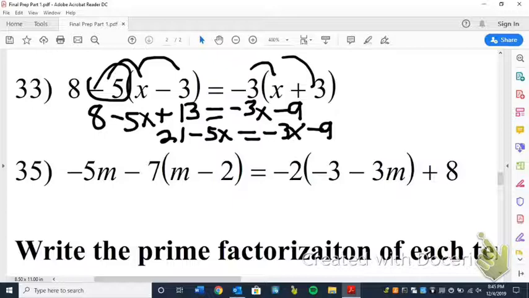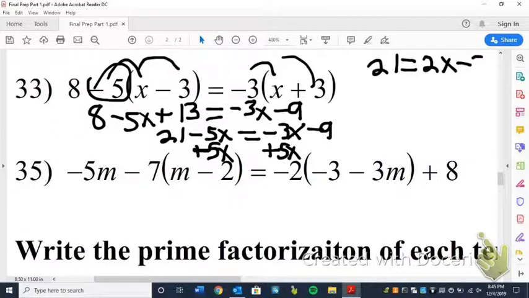So instead of adding 3x to both sides and ending up with a -2x on the left-hand side, I'm going to add 5x to both sides. And that's going to give me 21 equals 2x minus 9.